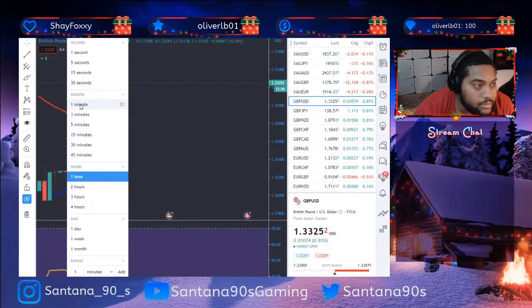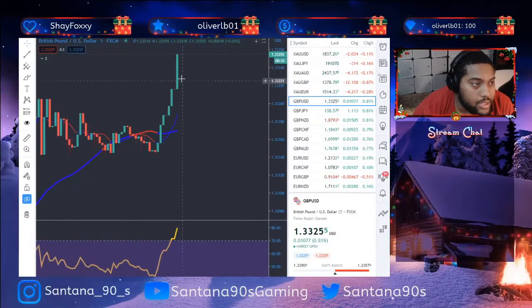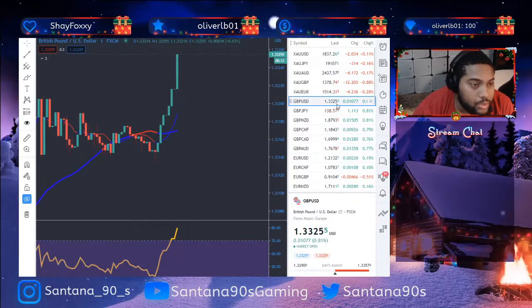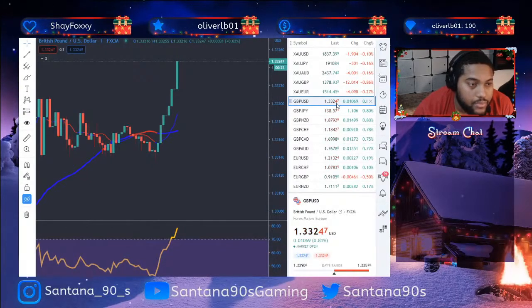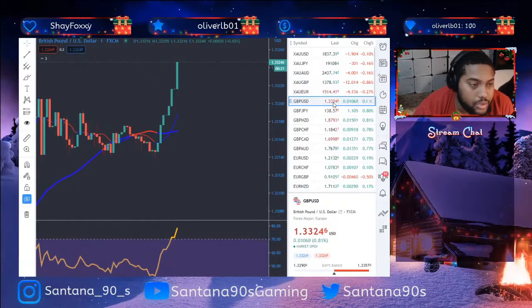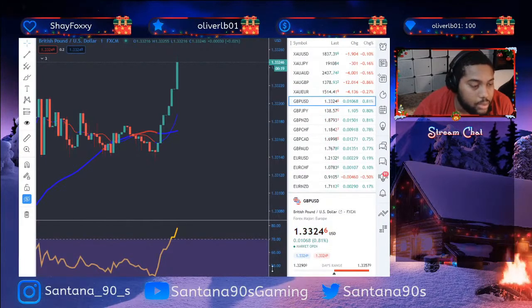It's gaining momentum. Look at that. But that's what we call a pip. It was at 21, now it's at 25. So from 21 to 25 is a difference of 4, so it's 4 pips. That's what we call pips.